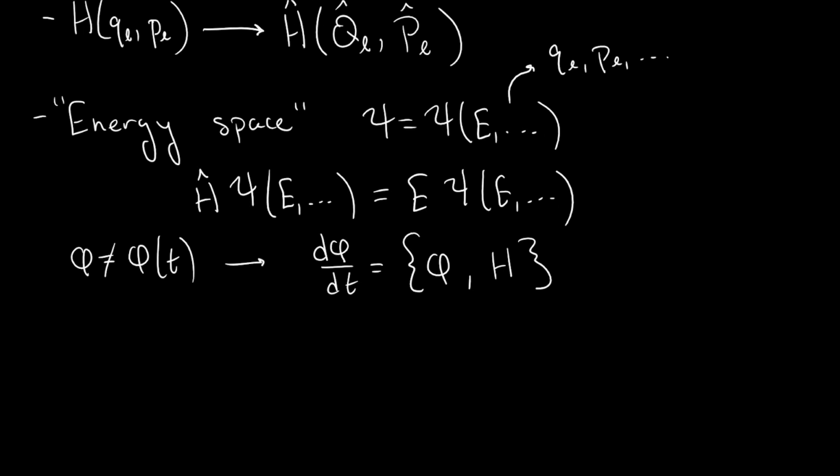Now, this is very reminiscent of what we just did with position and momentum, where we had a derivative equal to a Poisson bracket, and what lived in this derivative was the Fourier conjugate to what lived in the Poisson bracket. So, again, by analogy, we will suppose that t and so time and energy are Fourier conjugates.